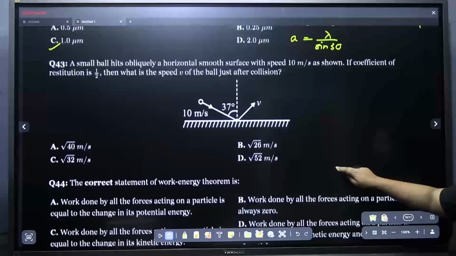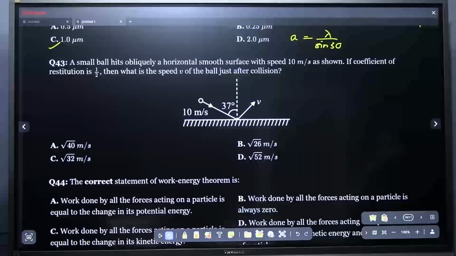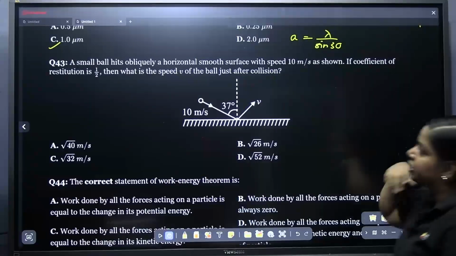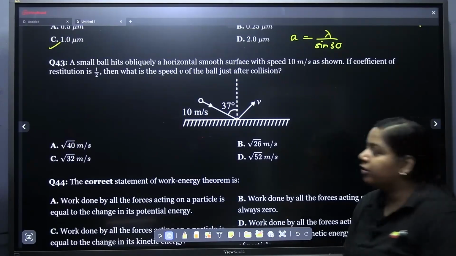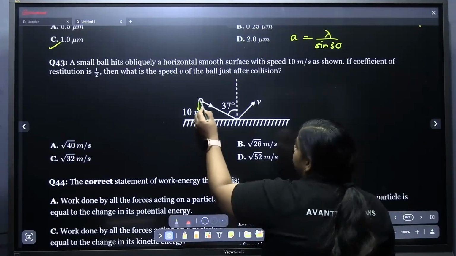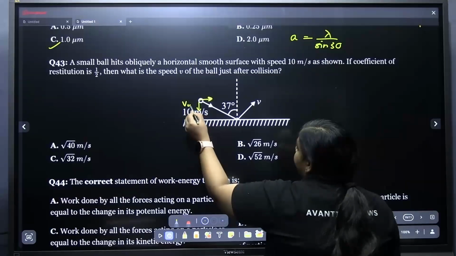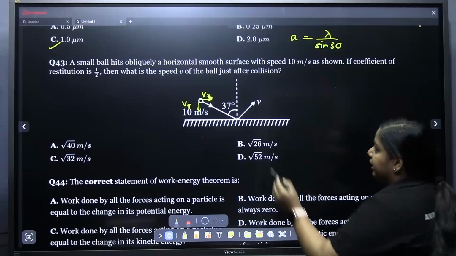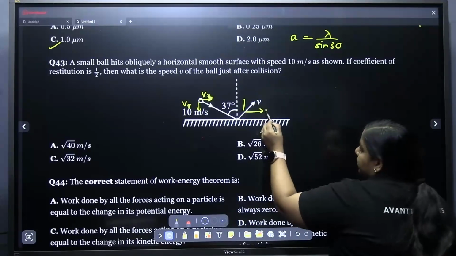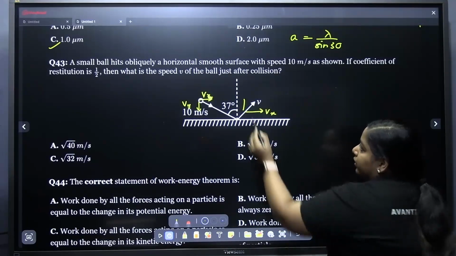Next, 43. A small ball hits a horizontal smooth surface obliquely with speed 10 meter per second. If the coefficient of restitution is 1/2, what is the speed of the ball? Since it is a two-dimensional collision, we have to consider Vx and Vy. Vx after hitting has no change, so Vx dash equals Vx.